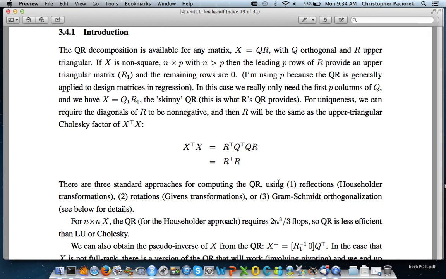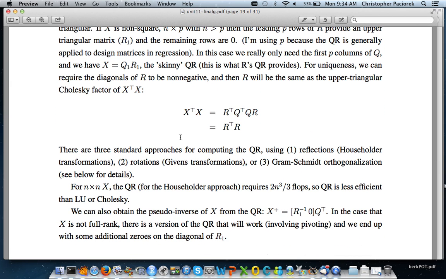This is an orthogonal matrix, so the Q transpose Q disappears, and we just get R transpose R. And we're going to be able to use these things to do regression. So you'll notice that this is basically giving us the Cholesky factor of the X transpose X matrix.